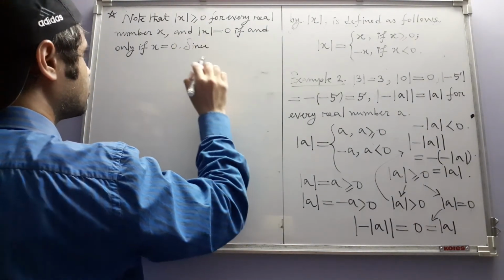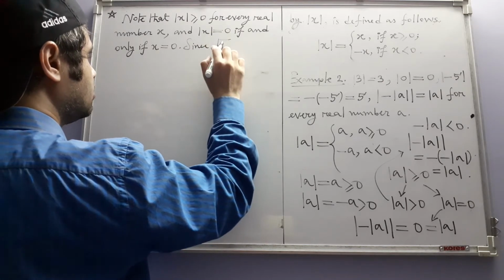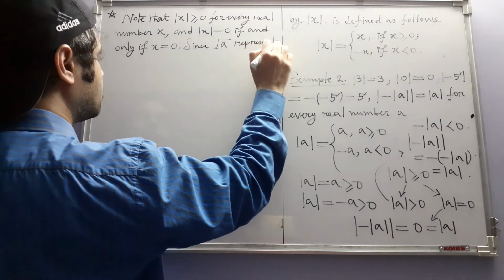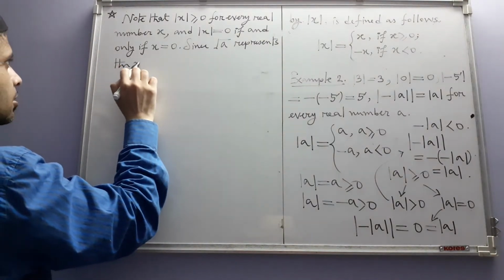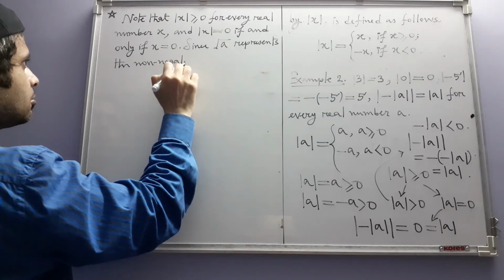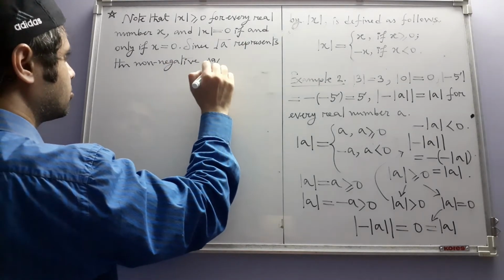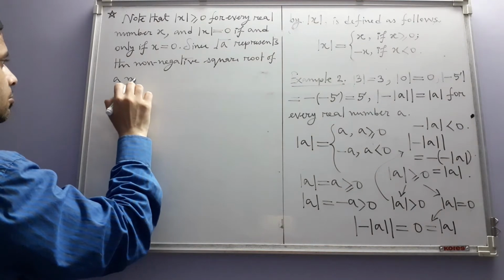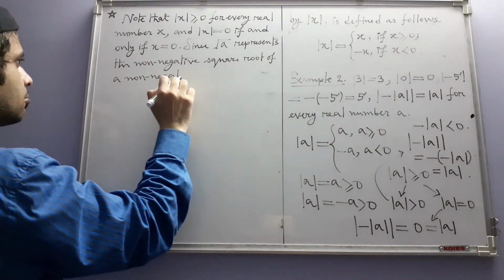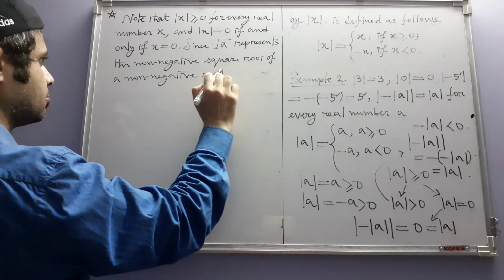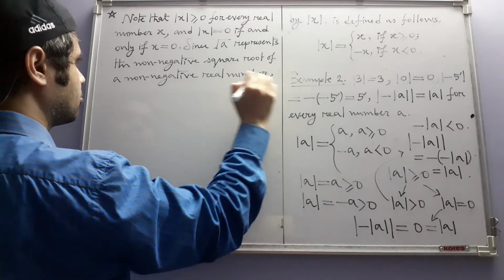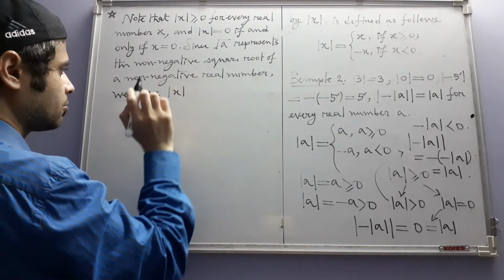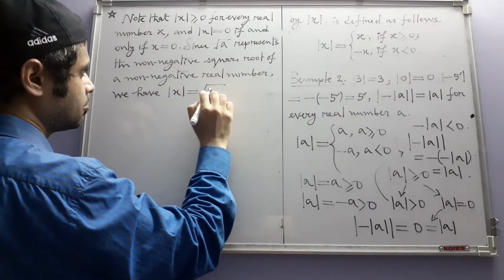Since this represents the non-negative square root of a non-negative real number, we have absolute value of x equal to this.